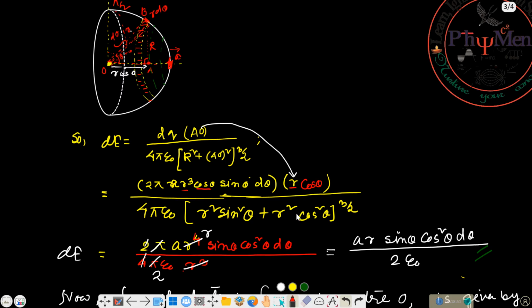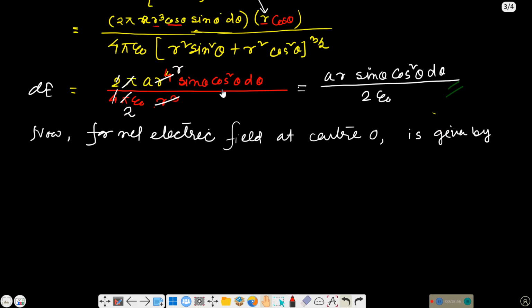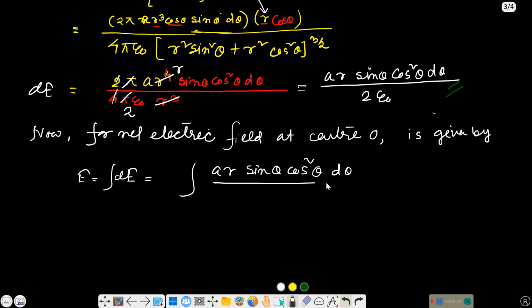Okay, so we need to integrate this from 0 to pi by 2. E is equal to integration of dE, and this will be equal to integration of AR sin theta cos square theta d theta by 2 epsilon naught from 0 to pi by 2, right?